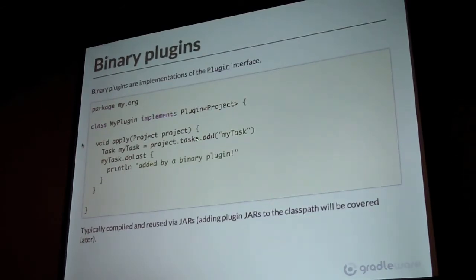So it gets the task container project.tasks, which has an add method, and you can add a task with a certain name, and then you can access it and say myTask doLast. So you add a task with that name, get back a task object that is an interface from the Gradle API, and then you add a doLast, a task action, and add a print line.